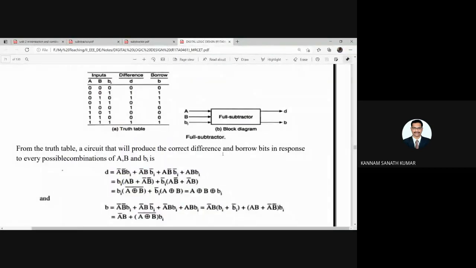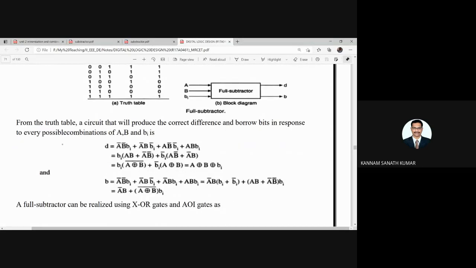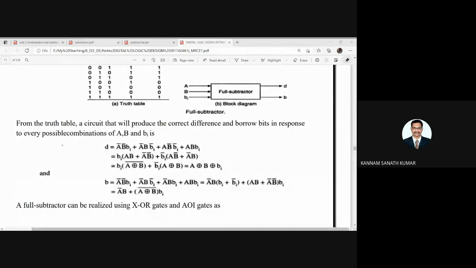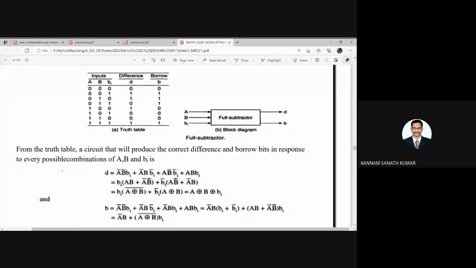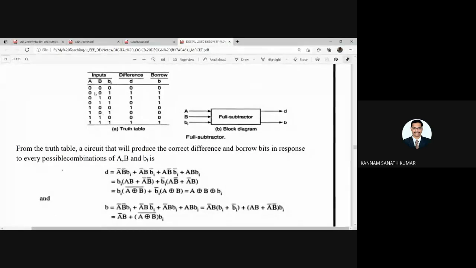Suppose you execute this by using Boolean algebra, wherever you have 1, you have to write those expressions. So for the difference, for 0 0 1 the output is 1, you can write A bar B bar Bi.